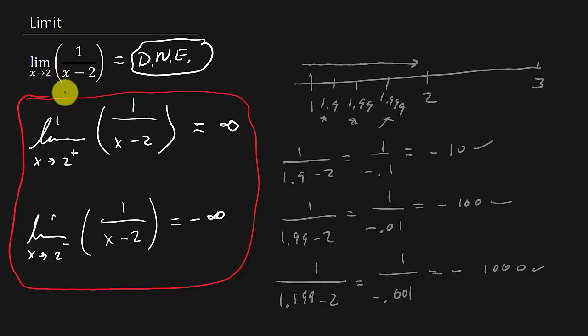Coming in from the left and right and being able to show this is important because later on in your calculus class, this would be in a Calc 1 class that comes after this material, you're going to have to graph functions, and you're going to have to verify vertical asymptotes, and this is one way that you would do it. You would need to calculate these limits so you'll know how to draw the graph as it's approaching the asymptote from the left and right. So you'll have to be able to do this anyway.